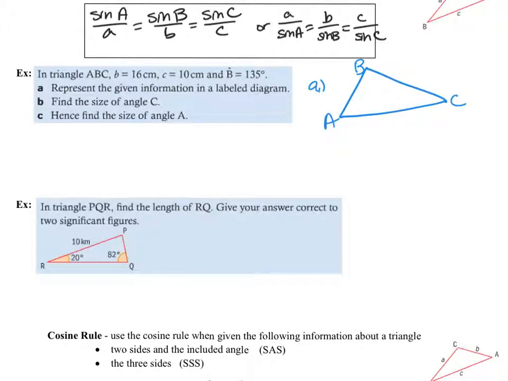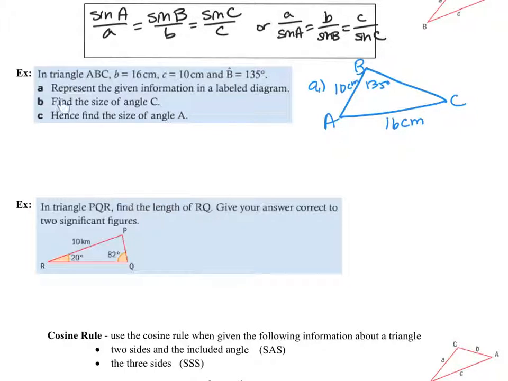We're told that little b, the side opposite angle B, is 16 centimeters, so we'll label that. Little c, the side opposite angle C, is 10 centimeters. And we're also given that angle B measures 135 degrees.